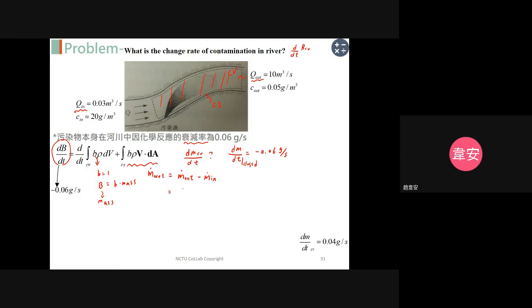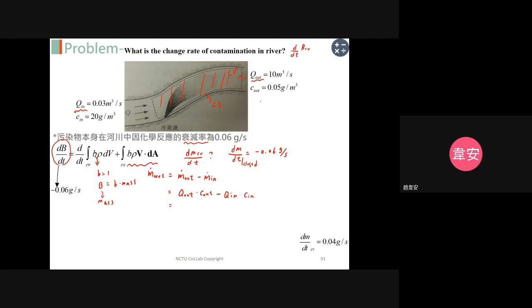Right now we have the out here. So what is the out? The out is Q out multiplied by C out, minus Q in multiplied by C in.